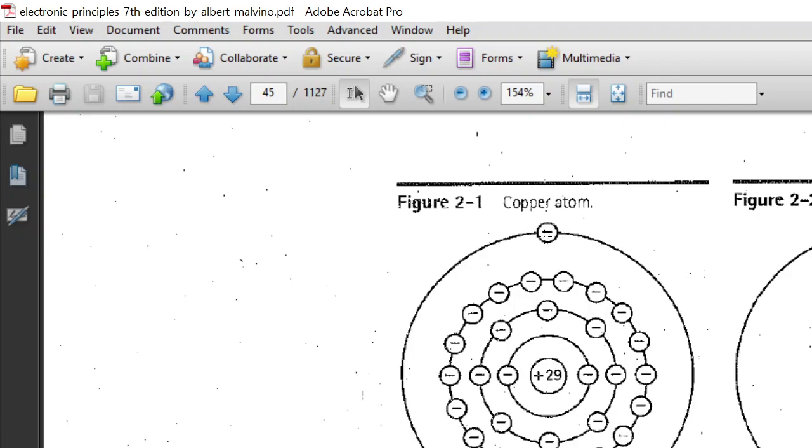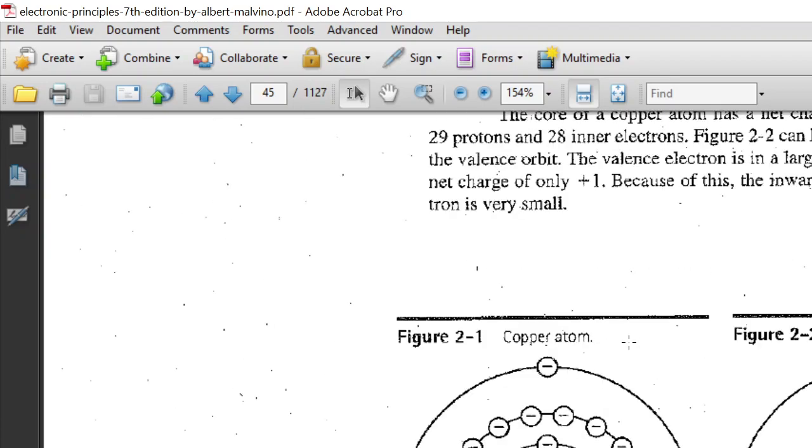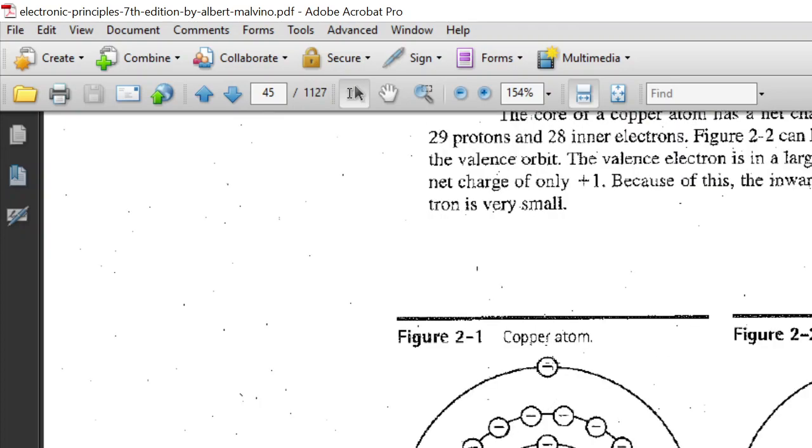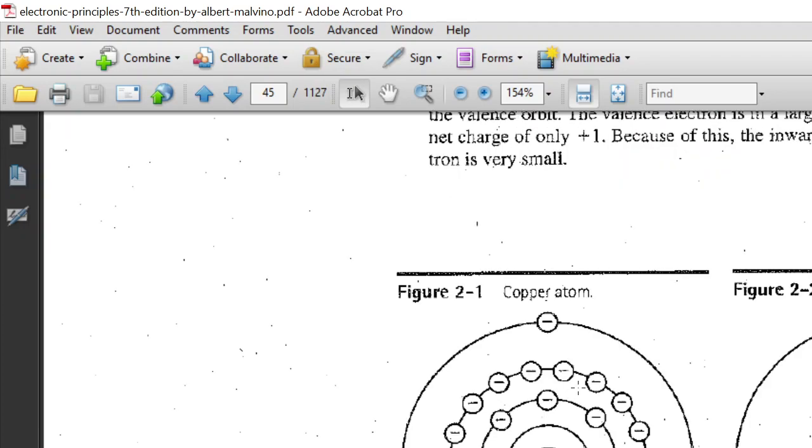So it is almost free, and a very small external force can dislodge this electron from the atom. However, when this electron is dislodged, it does not leave the entire copper lattice.